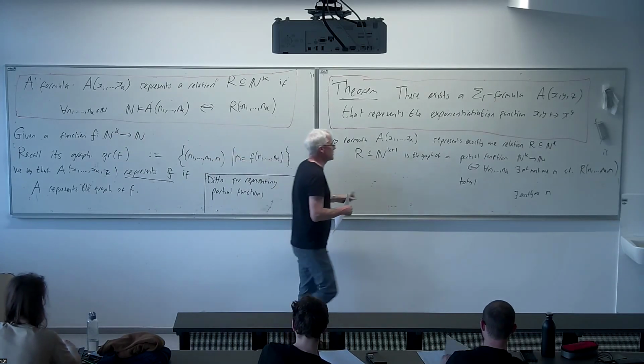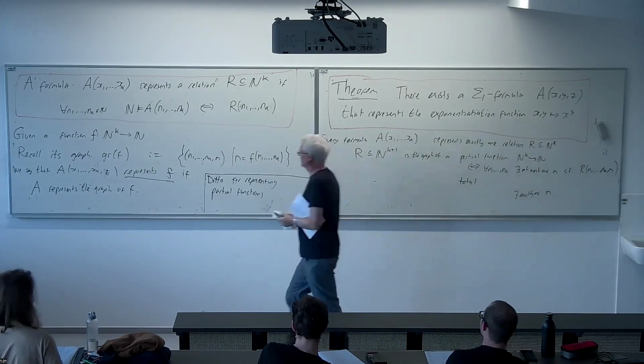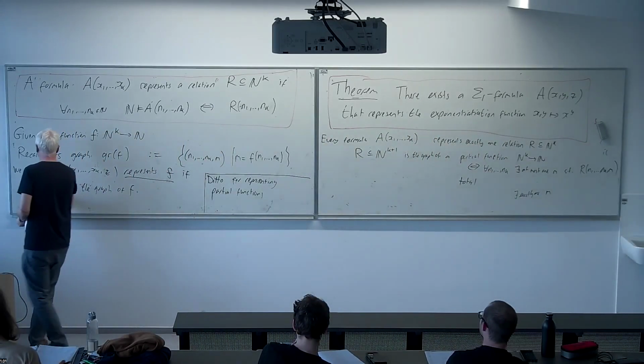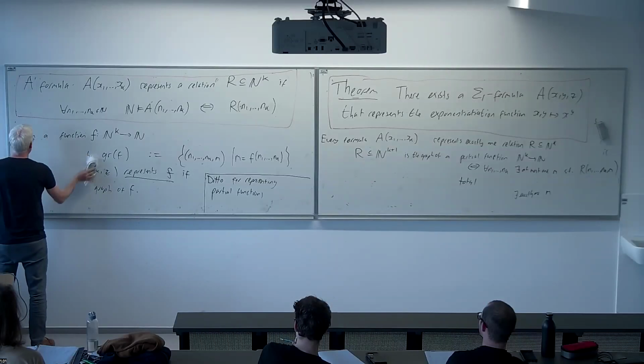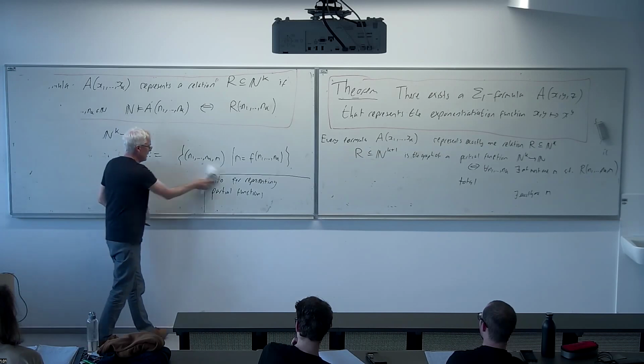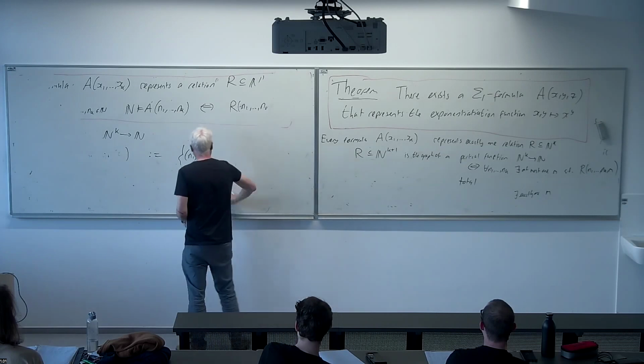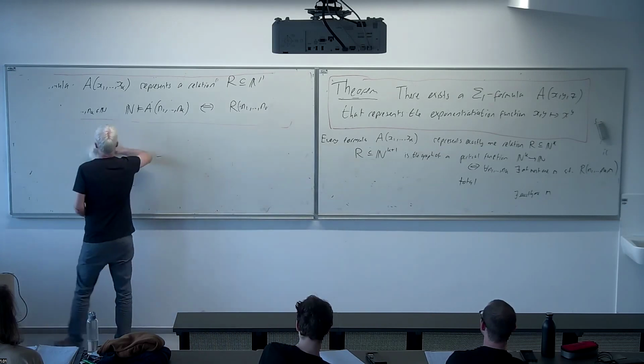Okay, so we want to start by representing some very simple partial functions, or total functions. So the first lemma is that the modulo function is representable by a delta zero formula.